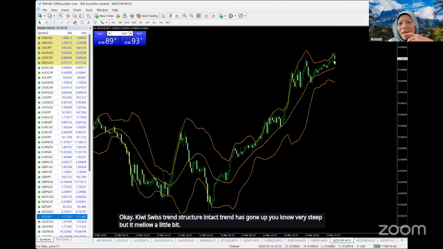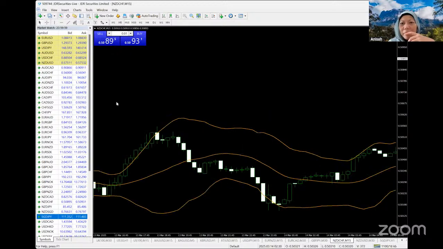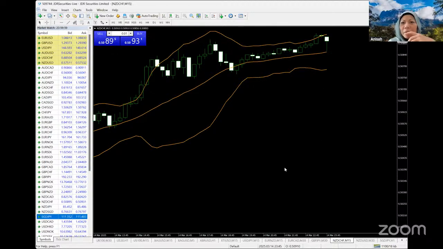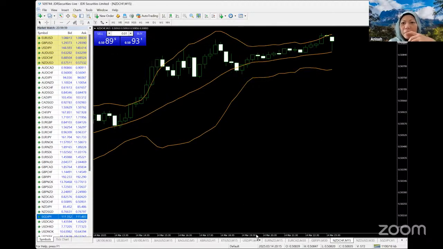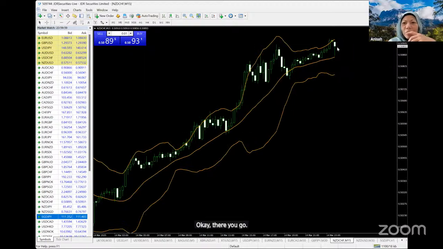And the last candle is a doji. Okay, this is a huge doji. Sorry, a huge hammer.